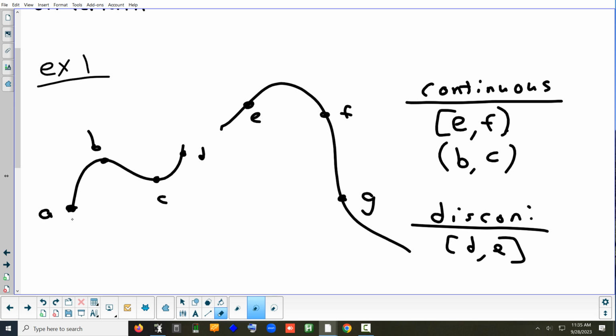I didn't draw it, so we don't know. From C to F, sure, C to F, open interval, closed interval. Basically, as long as you jump that gap, that's a discontinuous interval.